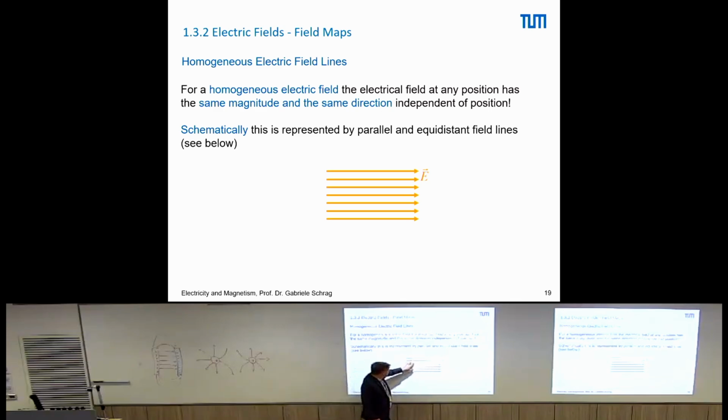If you have it in the field line concept, that means you have equidistant spacing, and that would be your indication for a homogeneous electric field. So, as you see below here, this is schematically represented by parallel and equidistant field lines.